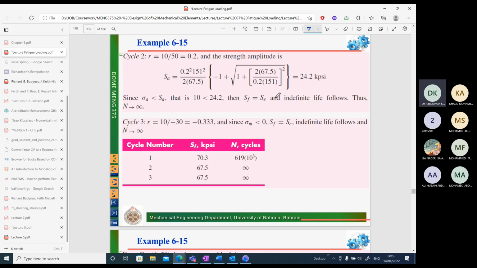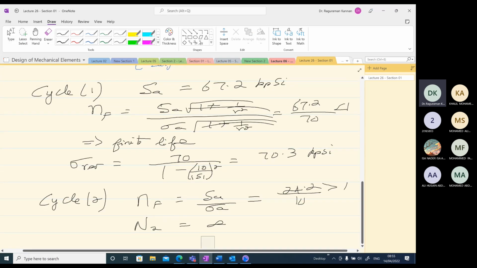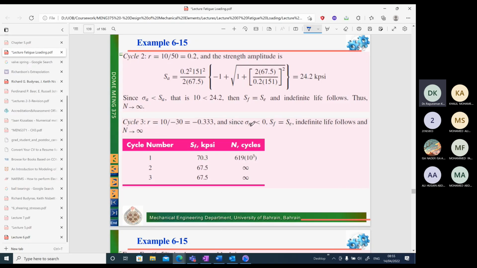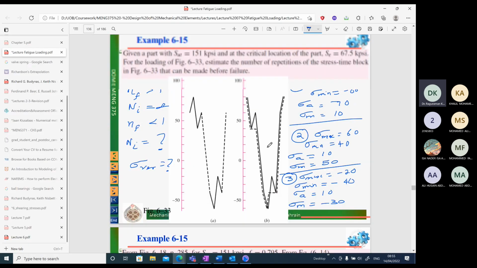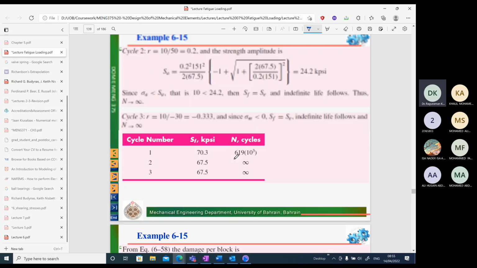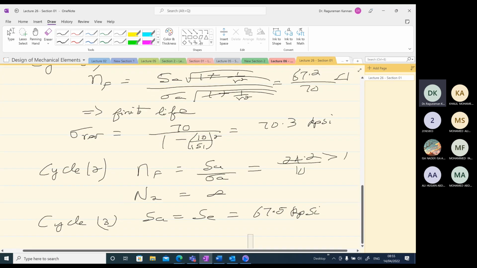If you use the SE value, we can see for cycle 3, SA is equal to SE, that value, 67.5 kpsi.